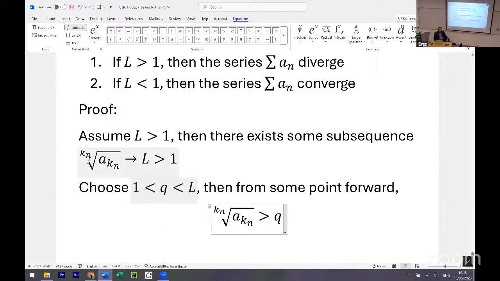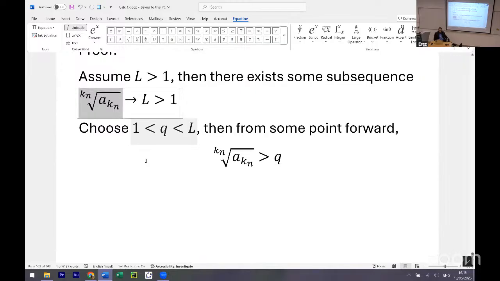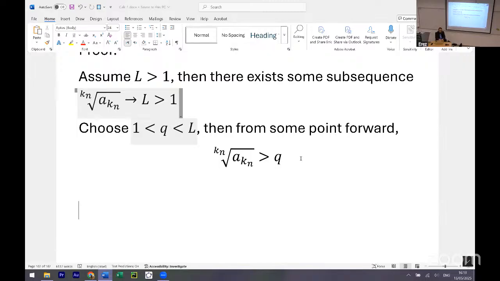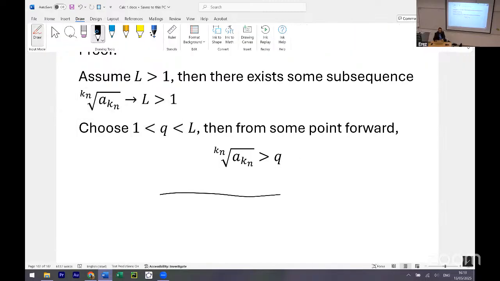If the limit of this sequence is L, which is larger than 1, I'll draw it up, maybe it will help. This is due to the definition of limit. This is the limit, this is 1, and this is some element in between. So if the limit is L, from some point forward, all the elements of the sequence will be in the area of L and bigger than Q. Agreed?